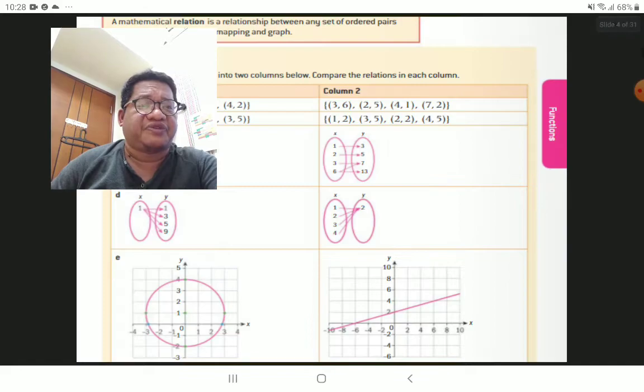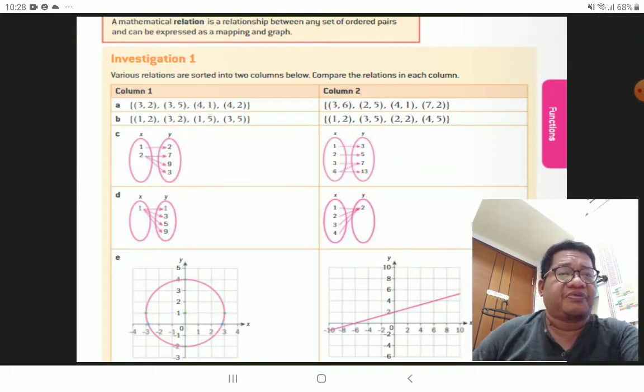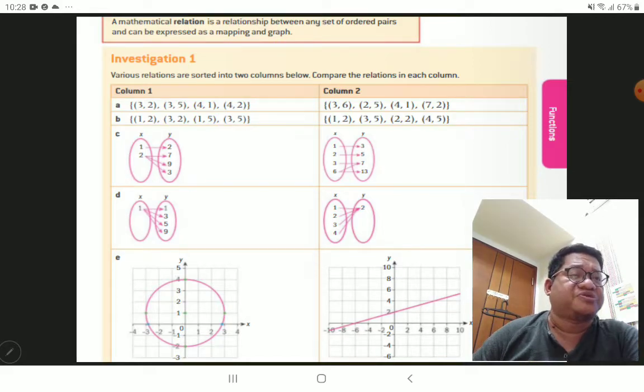How would you answer this one? Various relationships are sorted into 2 columns below. Compare the relations in each column. So you have your column 1 and column 2. So what I would like you to do is look at the 2 and compare them. Alright? Write down your observations.